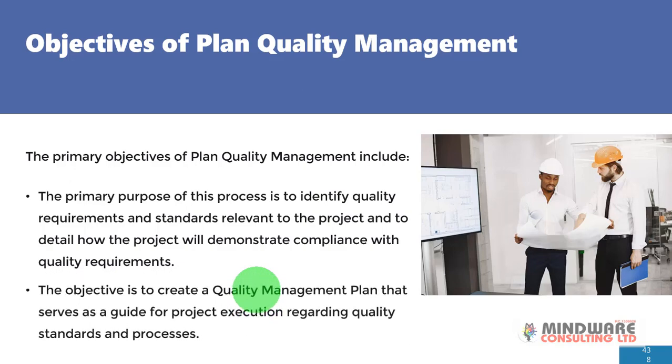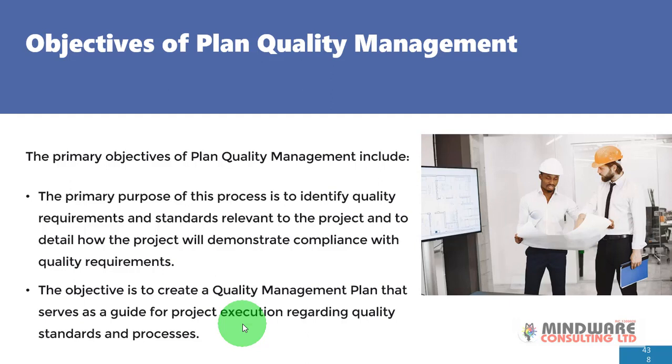So that's the primary purpose of this sub process, to ensure that there is compliance. The other objective is to create a quality management plan that serves as a guide for project execution regarding quality standards and processes. So this quality management plan is supposed to guide you when you're checking the compliance of your project with quality requirements.